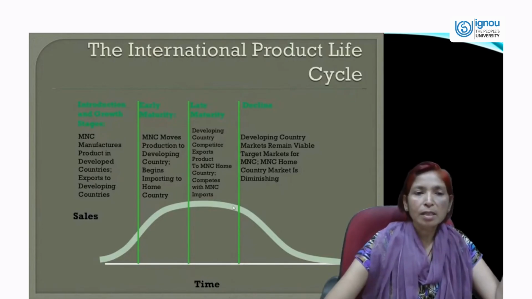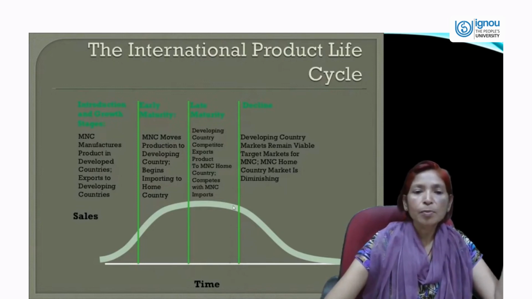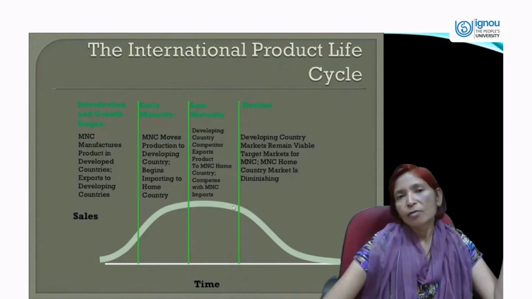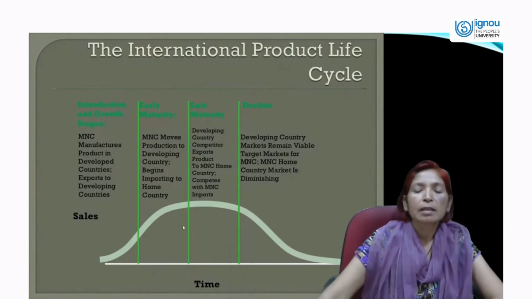In the early maturity stage, multinational corporations move production to developing countries and begin importing to the home country. Third is late maturity, when developing country competitors export products to MNCs' home country and compete with MNCs. And in the decline stage, the developing country market remains viable and a target market for MNCs, while the MNCs' home country market is diminishing.